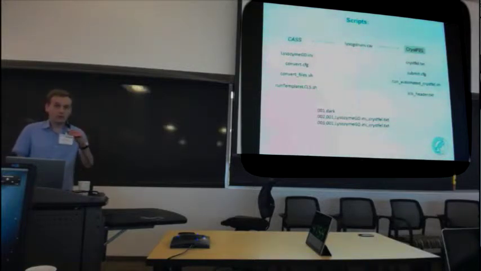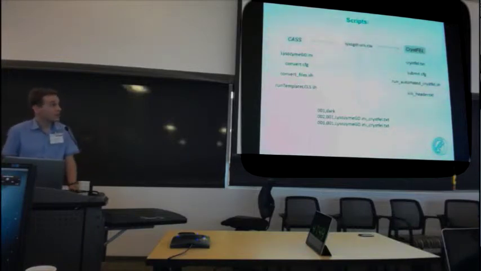I will be concentrating on explaining how the scripts are working and what is inside those scripts that control CASS and CrystFEL. There are 4 main scripts for each part. For CASS there's an ini file and a config file, a script that starts the conversion, and a script that has the template to start the conversion.